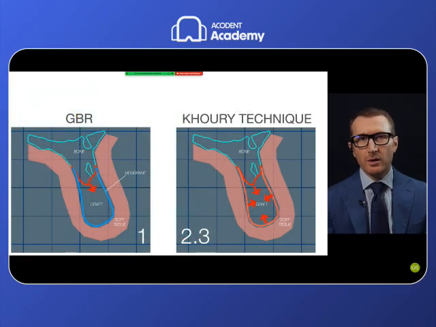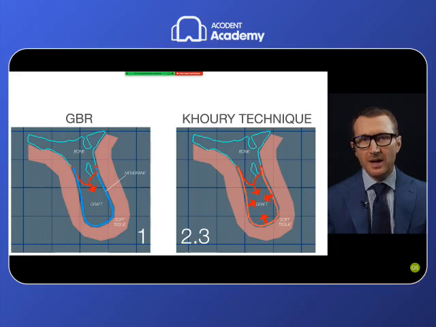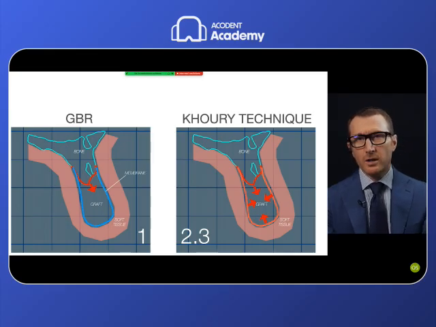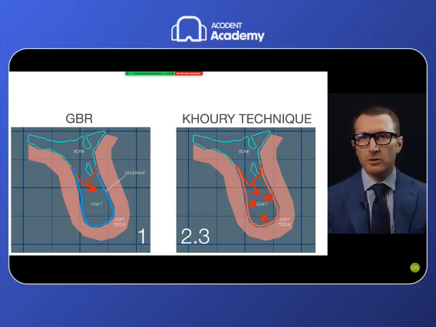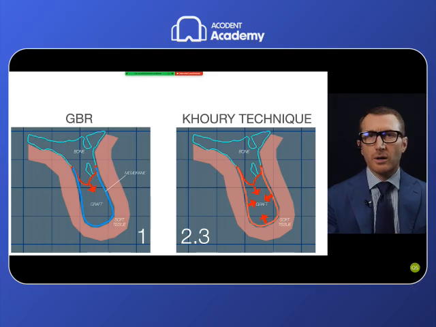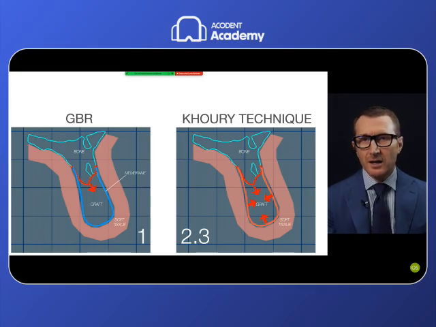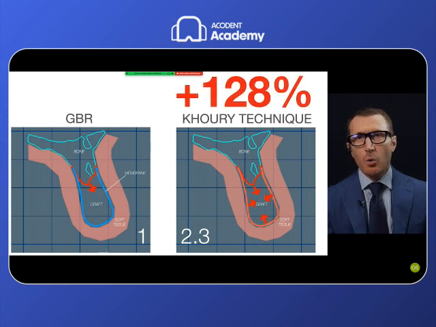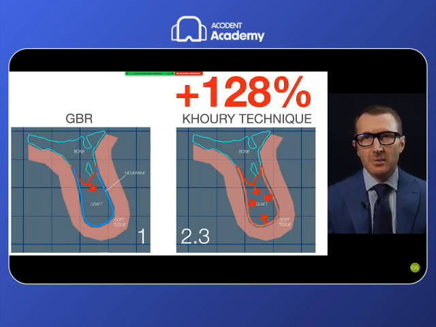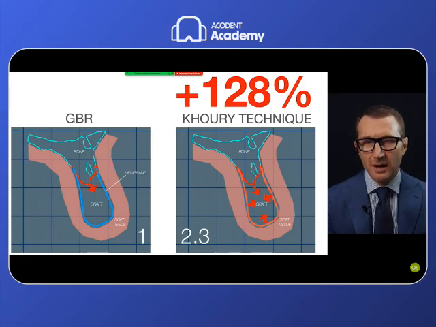And for example, if I'm working with a GBR PTFE membrane, I'm going to have vascular support just from the bone recipient side. On the opposite, if I use the Curie's shell technique where no membrane is applied, the blood support will come from the hard tissue and soft tissue sides, meaning that we have 128% more surfaces compared to the GBR scenario.